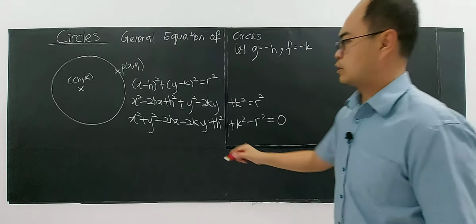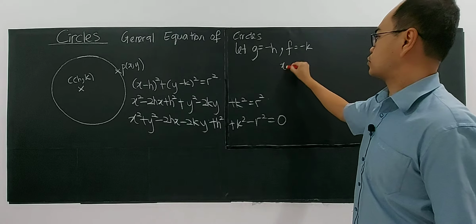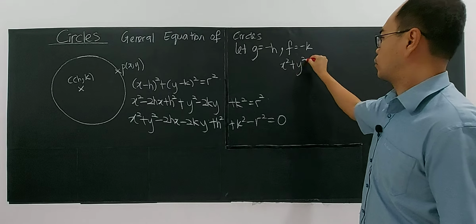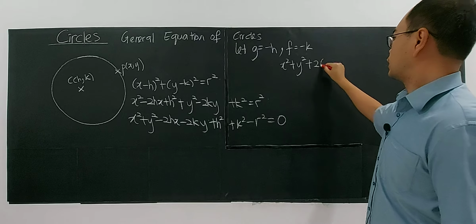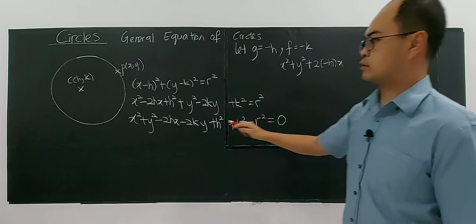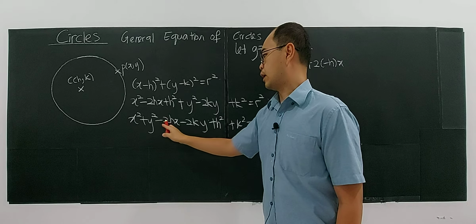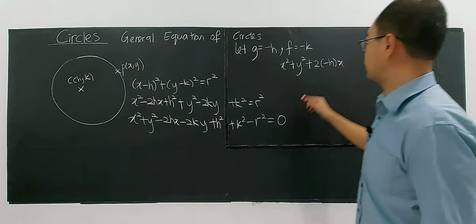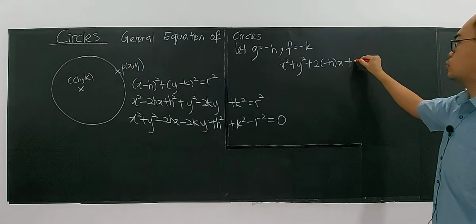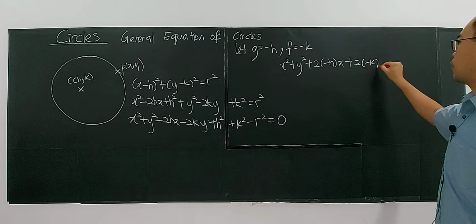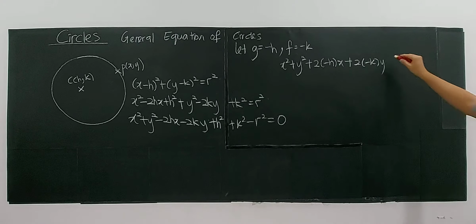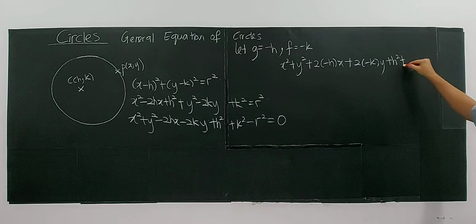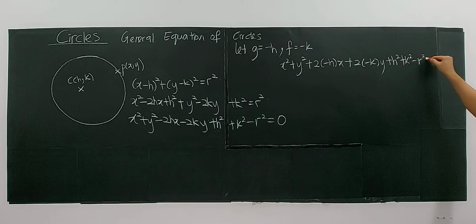So we have x squared plus y squared plus 2 times negative h times x, I just put the negative h in front and group together, plus 2 times negative k times y, plus h squared plus k squared minus r squared equals 0, right?